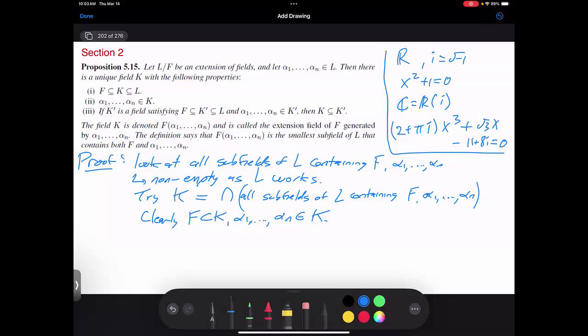So I can define K as a set. As a set, it's this intersection. We want it to be a field, so we must show it is a field. So how would you show something is a field?